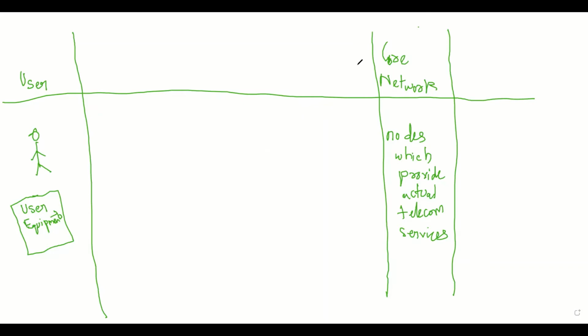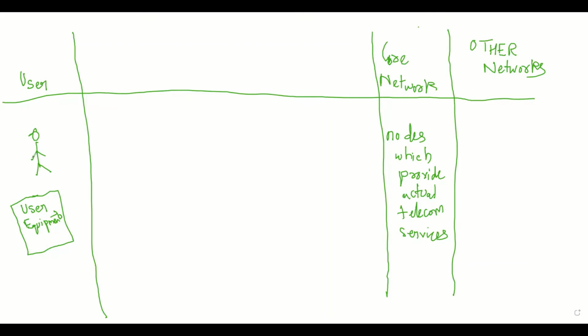So, let's say we can also define other networks. So this could be any other telecom network with which this user could possibly need to have an interaction.